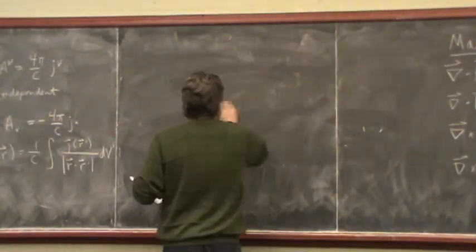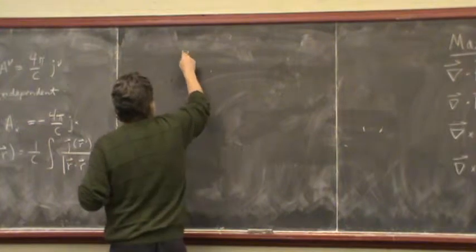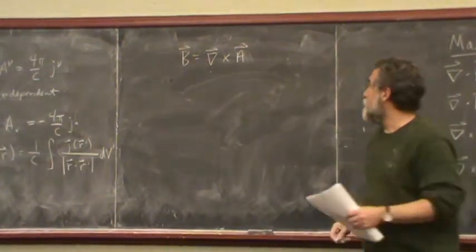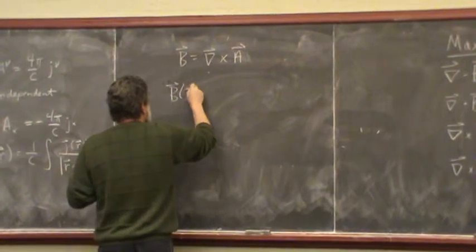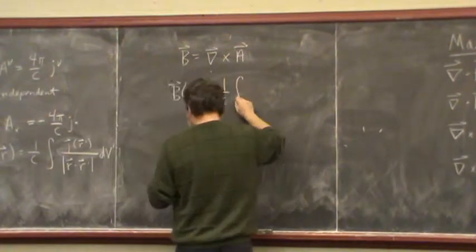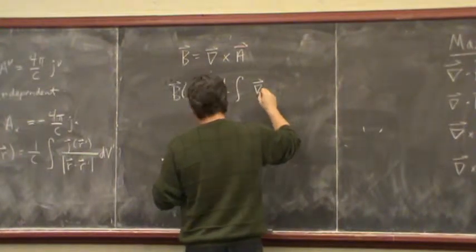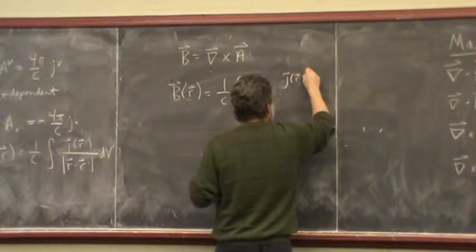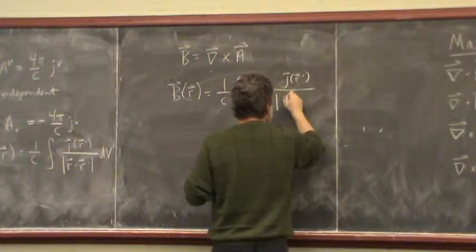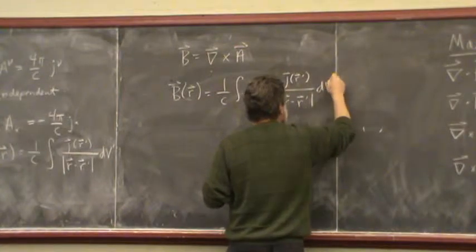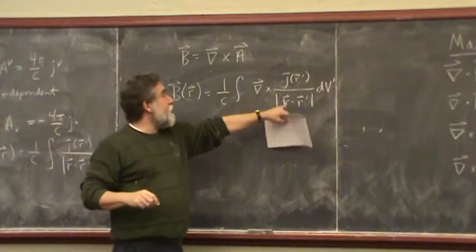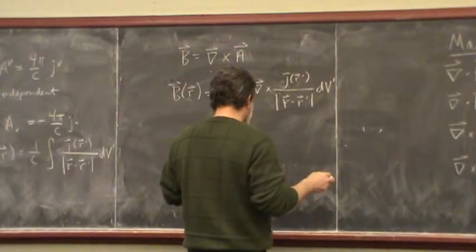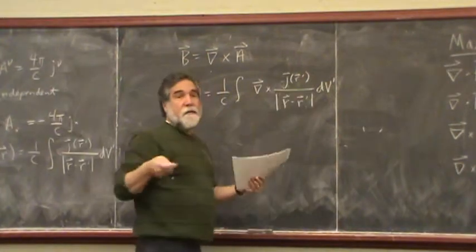And we can also write that since we defined B is equal to the curl of the real space vector potential, then from that, B of R is 1 over c, the integral of the R space curl... since the only R in here is that, I can pull the J of R out, right? Or rather, curl of J of R prime is 0.